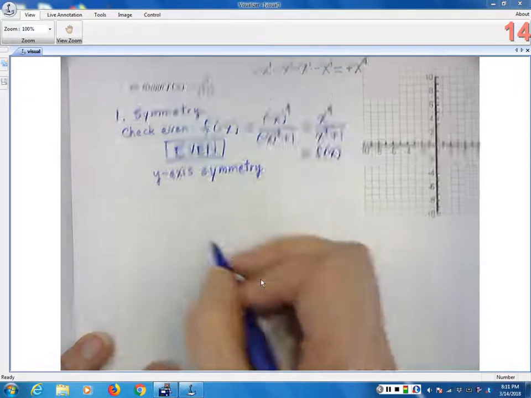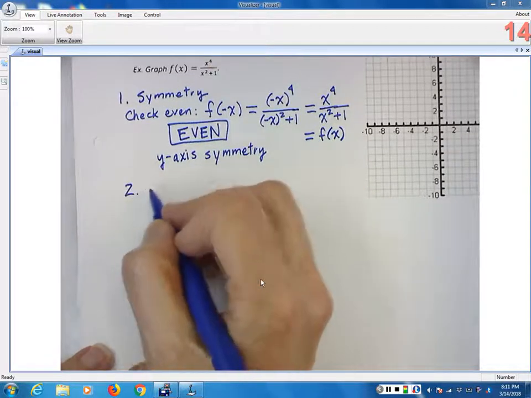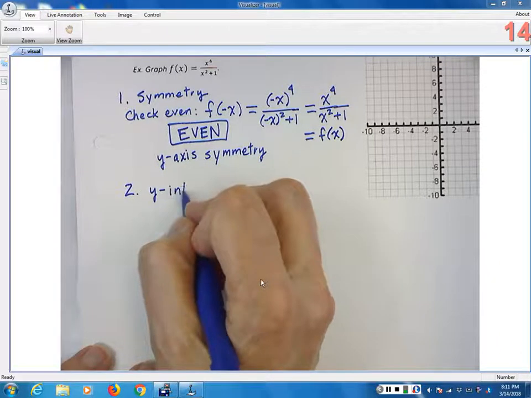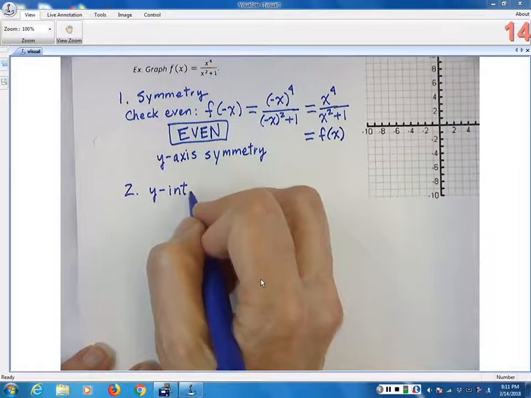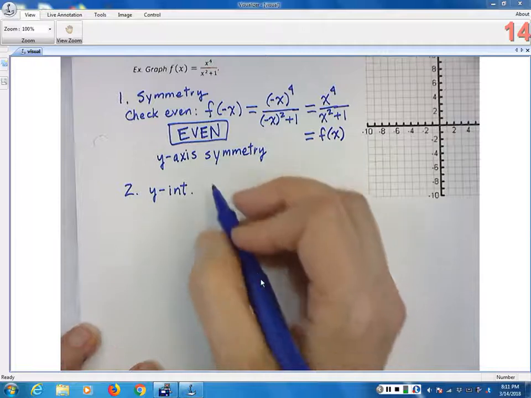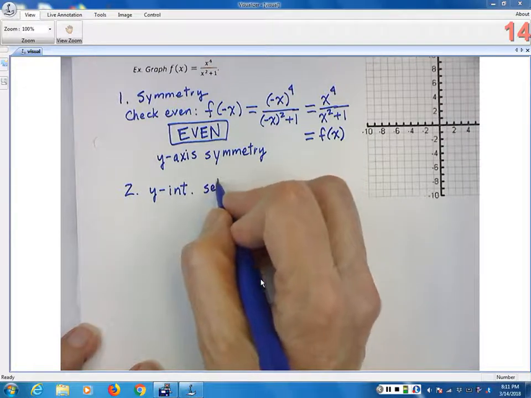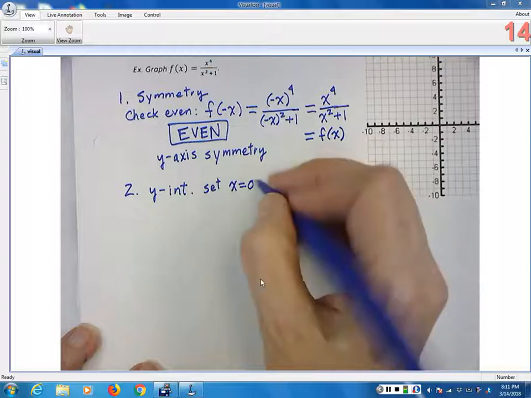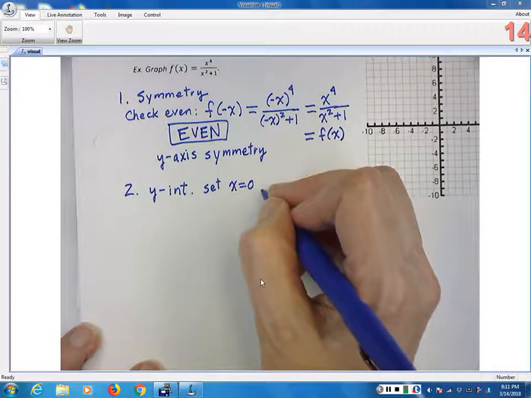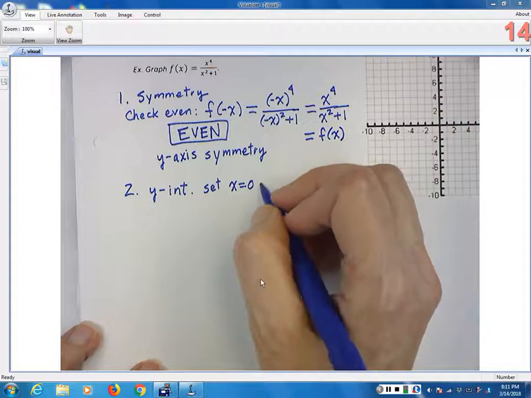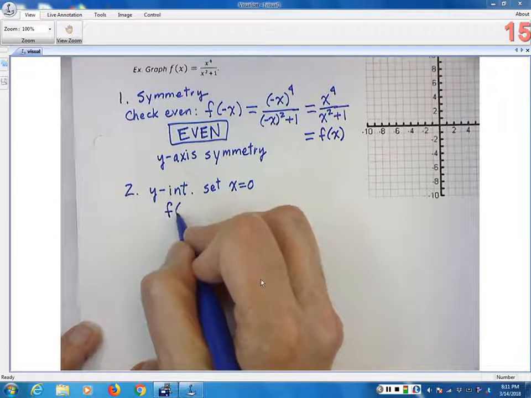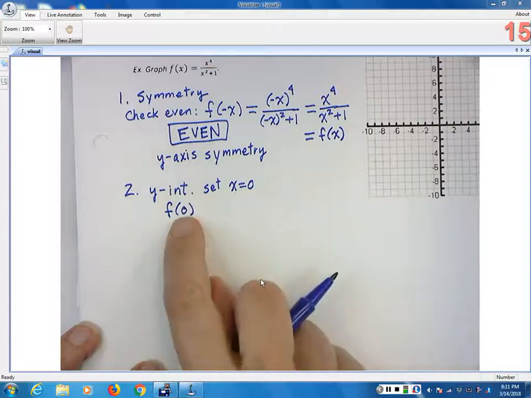Step 2, find the y-intercept. To find the y-intercept, you set x to 0 and solve for y. So in function notation, to set x to 0 is your f of 0.